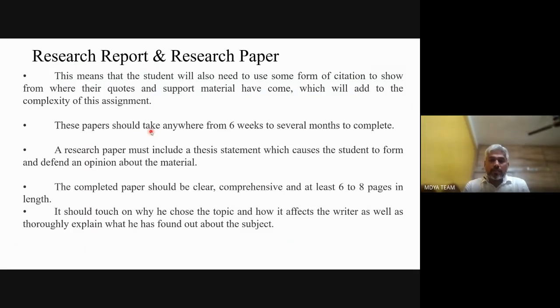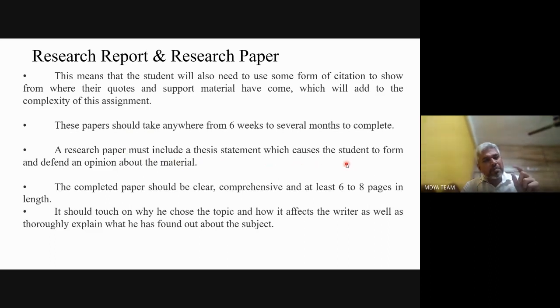So, see, basically, a research paper is a short findings or a short experiment or a short research where you complete a research or a project for a short period of time, and you submit your research paper to a journal for publication. This is about the research paper. A research paper must include a thesis statement, which causes the student to form and defend an opinion about the material.